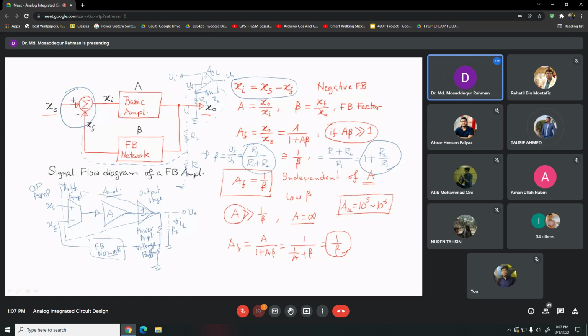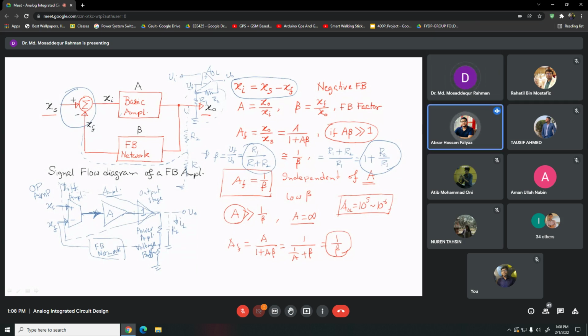Between the difference amplifier and the amplifier, there is a small gate, like a triangle. Oh, this one, just an arrow sign showing the signal flow direction. Okay.